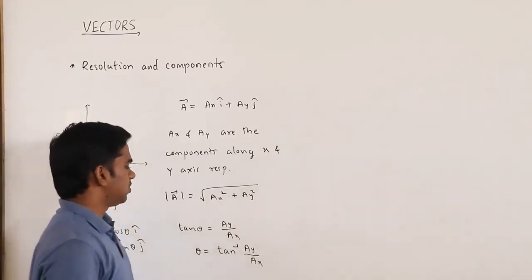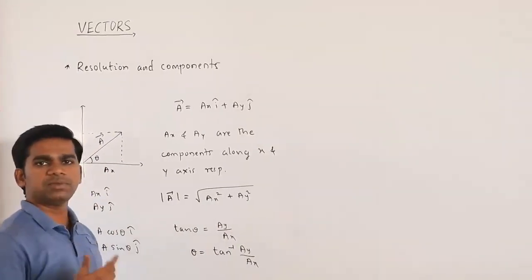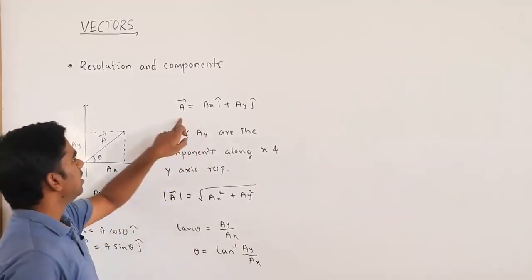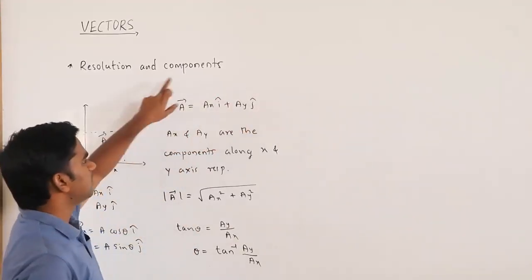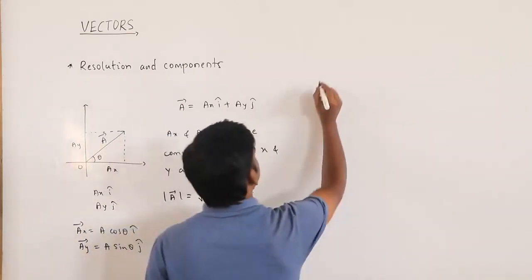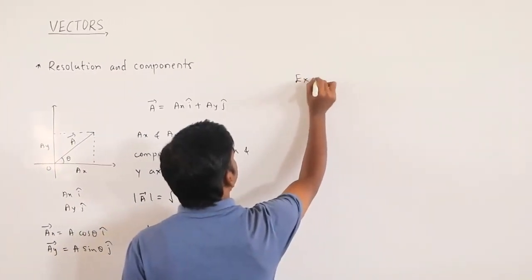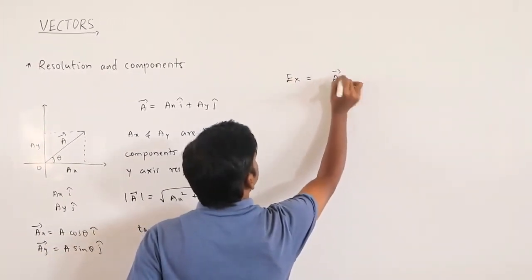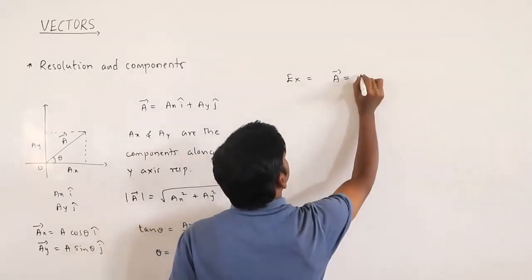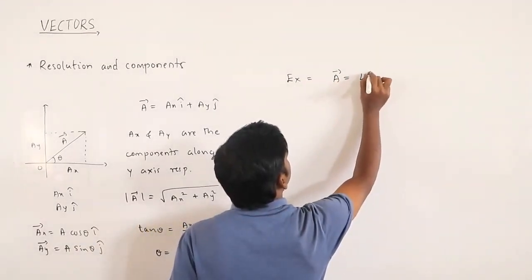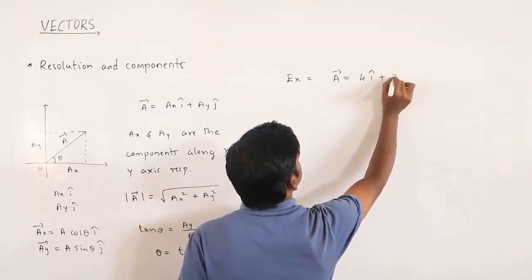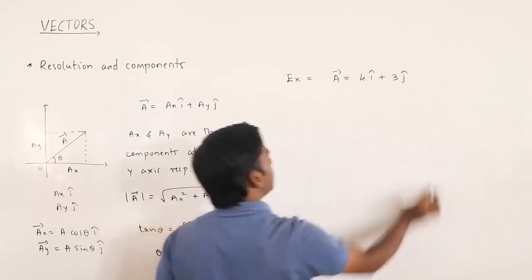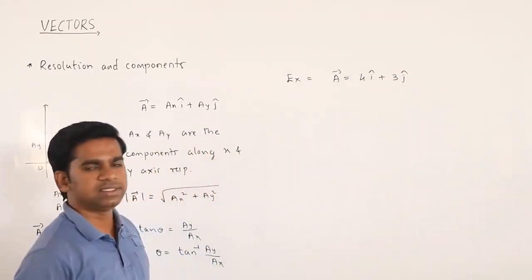Where can you use this? Remember, most of the time in your physics, vectors will come in this format only. For example, suppose you have the vector A equals 4 i cap plus 3 j cap.